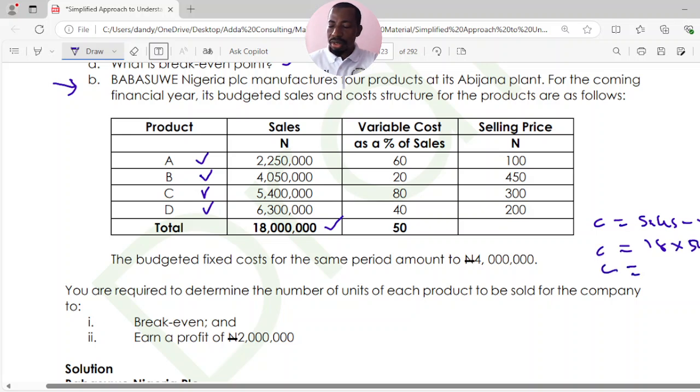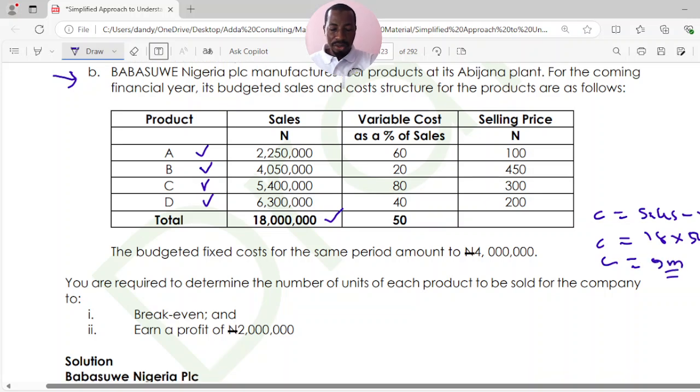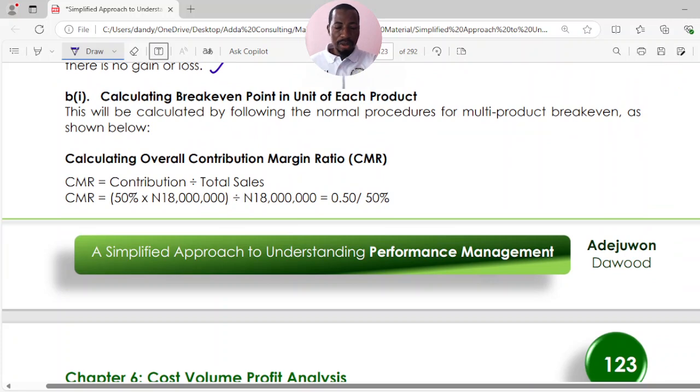So my contribution is equal to 9 million naira. Okay, so that's what we're supposed to do. I will then come here. So 50%, to get my contribution margin ratio: contribution of 9 million divided by the 18 million. That's what produced the 50%. So 50% now is the contribution margin ratio.